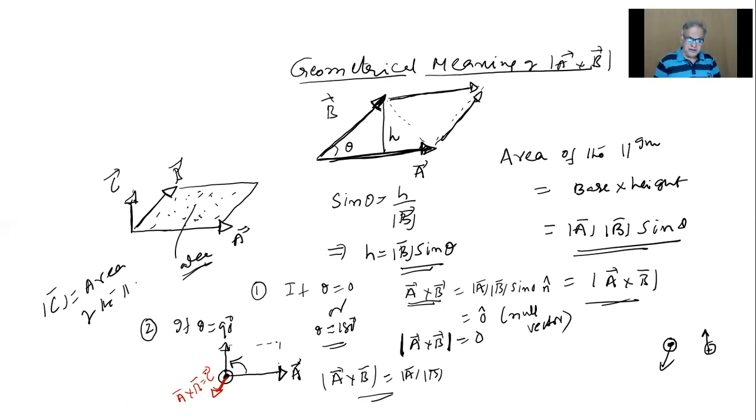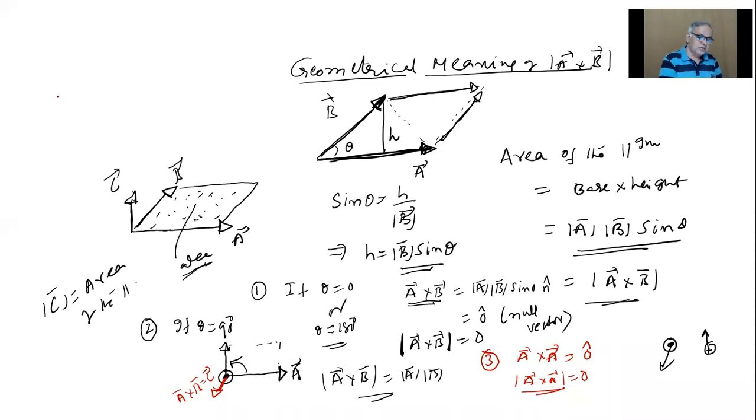All right. And the third, A cross A, which will be once again a null vector, isn't it? Because the angle between A and itself is 0. Or simply you can say mod of A cross A equals 0.